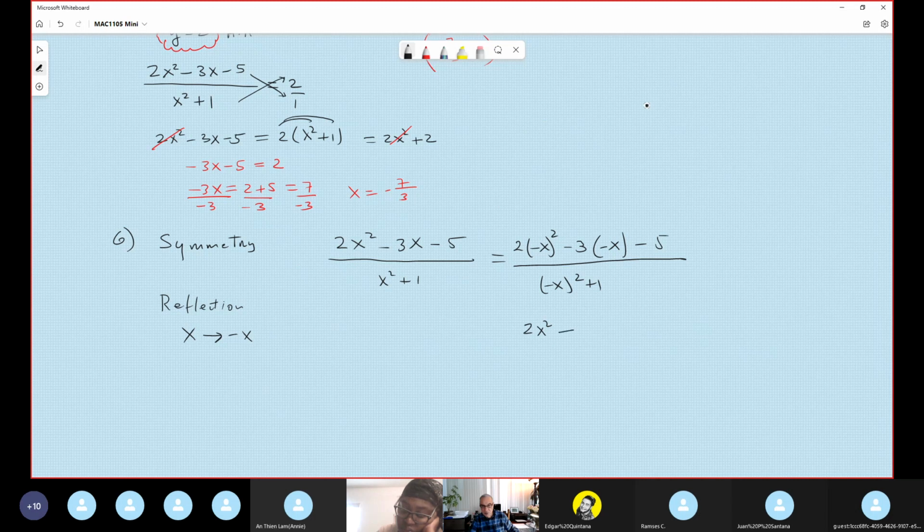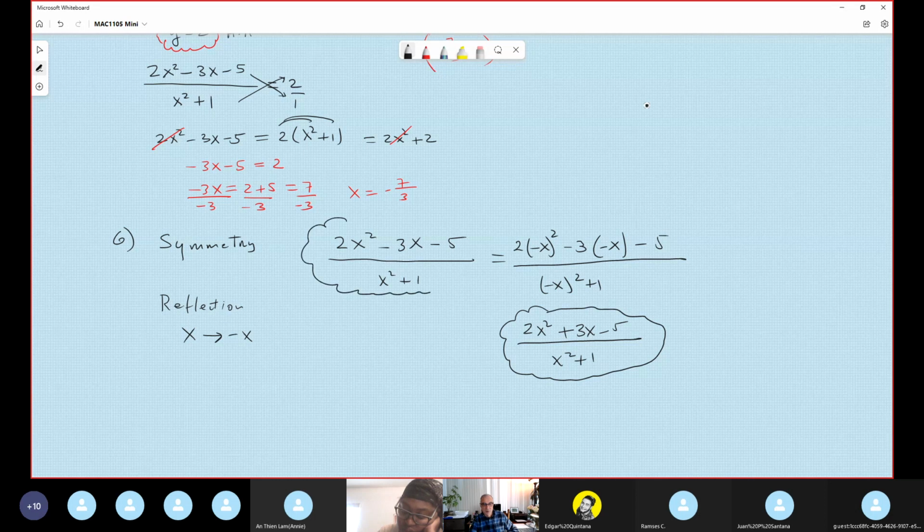But here it's plus, because double negative, so plus 3x minus 5 divided by x squared plus 1. Again, repetition, the same idea. And we compare this new expression with the original. It is obvious that it's not exactly the same. So it's not even.